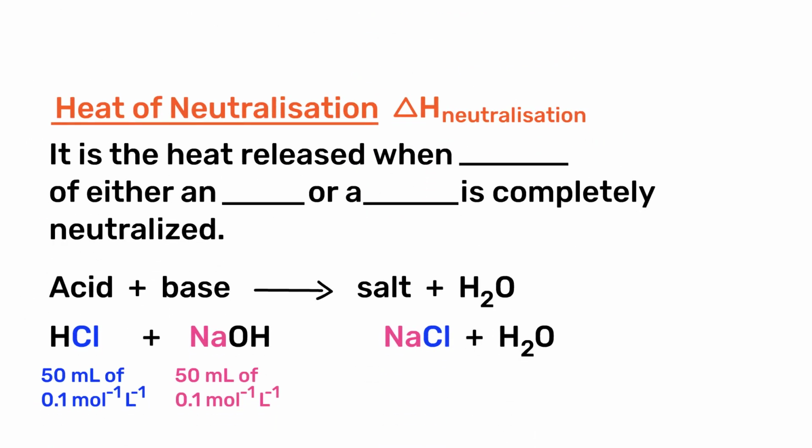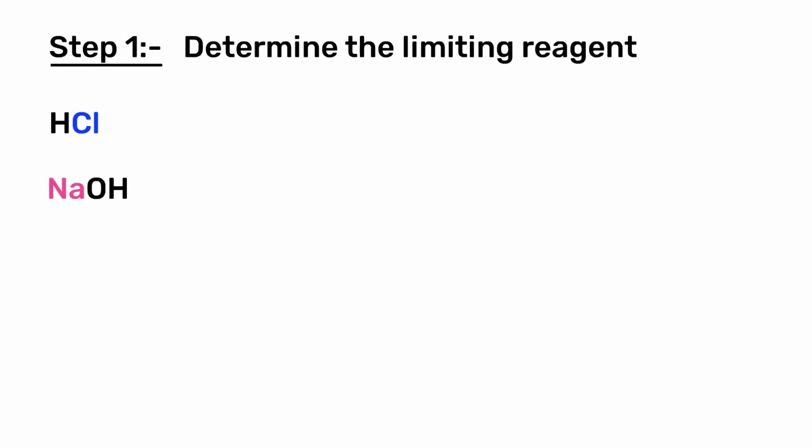Heat of neutralization is the heat released when 1 mole of either an acid or a base is completely neutralized. Hydrochloric acid reacts with sodium hydroxide to form sodium chloride and water, and we can calculate the enthalpy of neutralization. The first step would be to determine the limiting reagent.